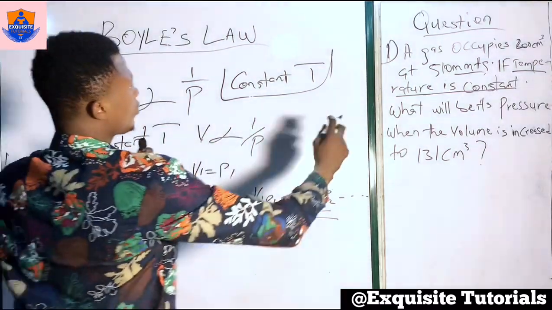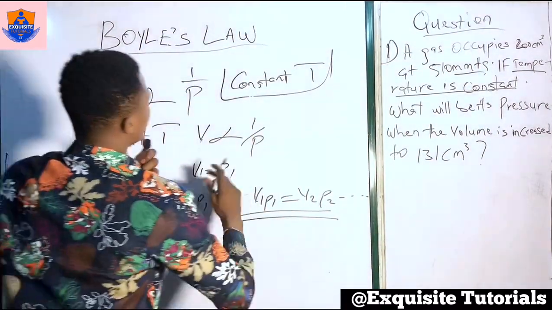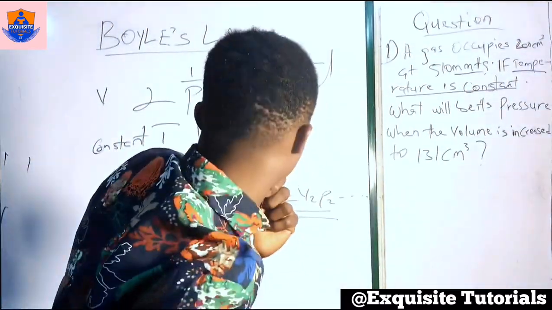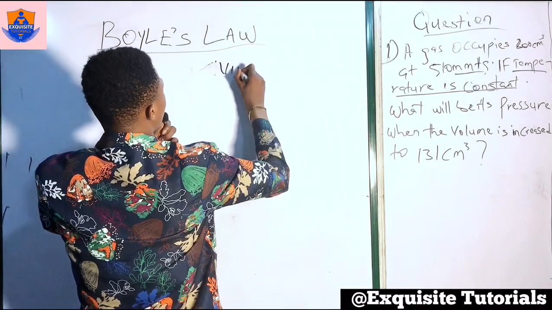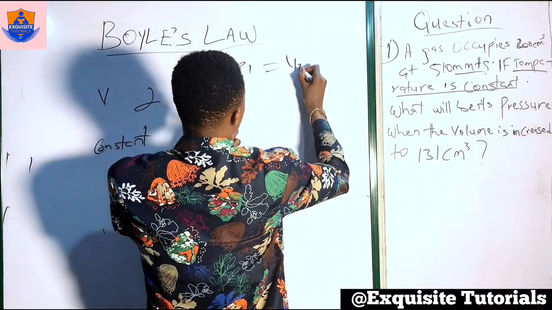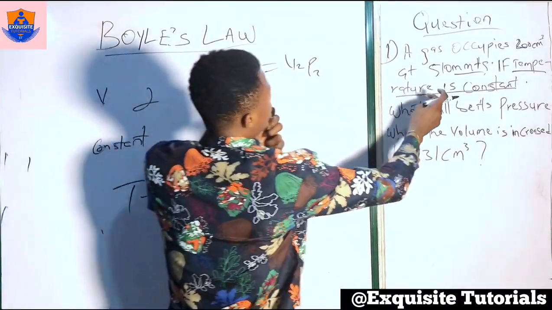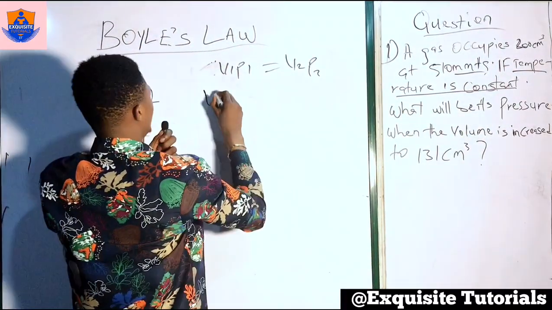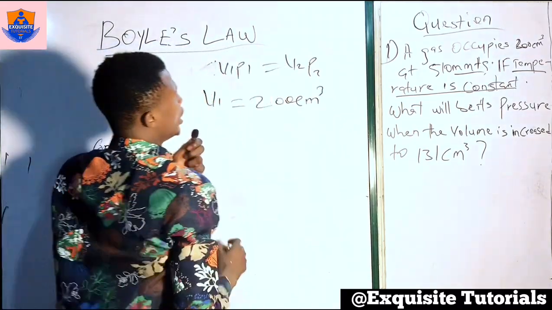Let's solve. Boyle's law has made us understand that V1 P1 is equal to V2 P2. Now let's bring out our values. V1 is equal to 200 cm cube.